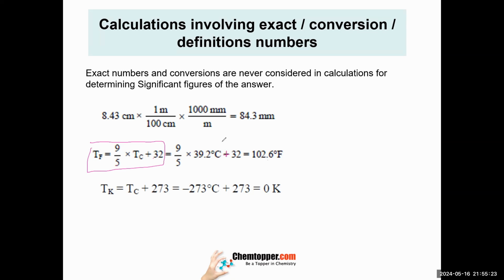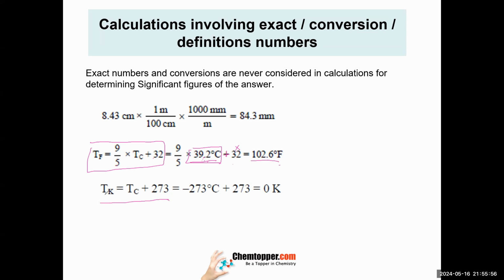So the final answer will be decided by this number only. And this number has 1 digit after the decimal. So my final answer should also have 1 digit after the decimal. We are using the addition subtraction rule, right? I'm not going to consider 32 here because it's an exact number. I'll decide my decimal places from 39.2.